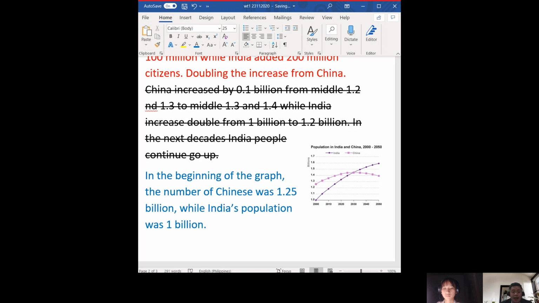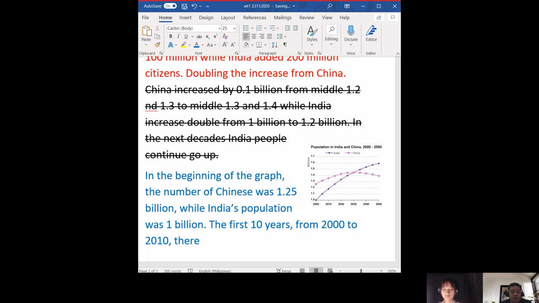Now, you can actually say that in the first 10 years, or within 2000 to 2010, or we can rephrase it as what you have made in your first paragraph: the first 10 years from 2000 to 2010.